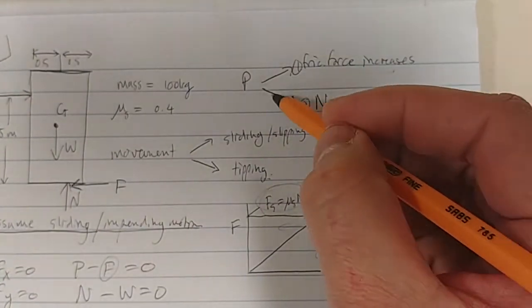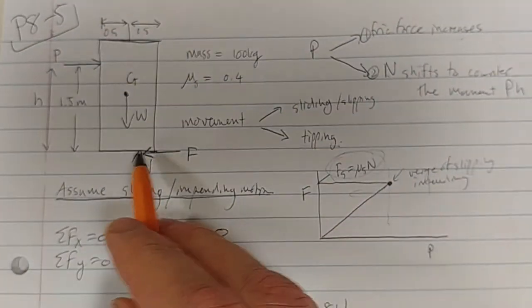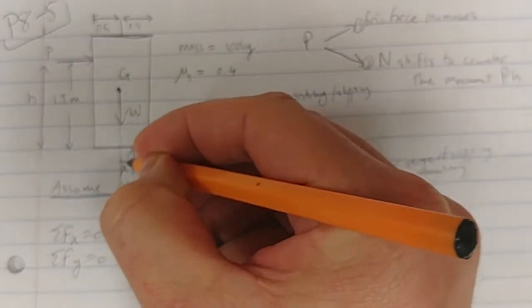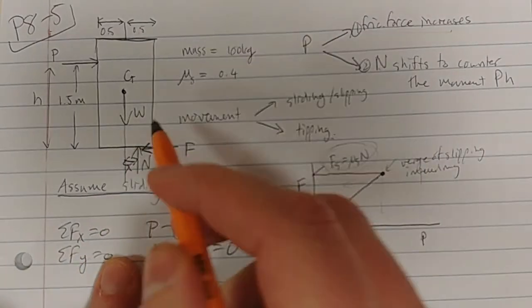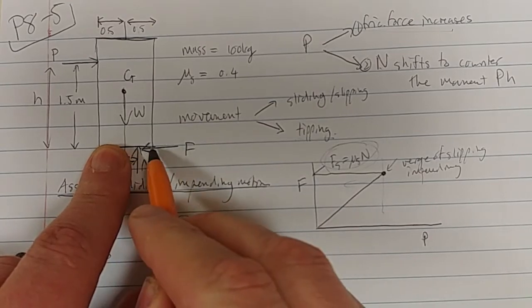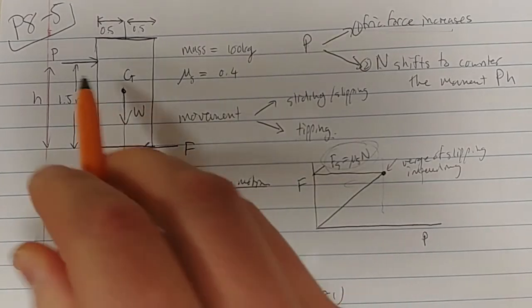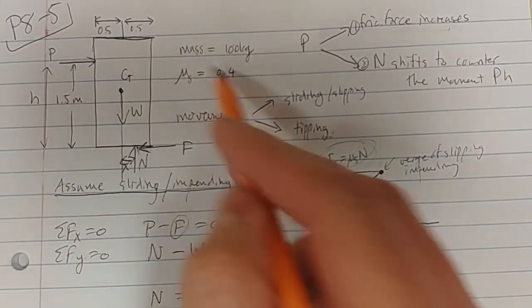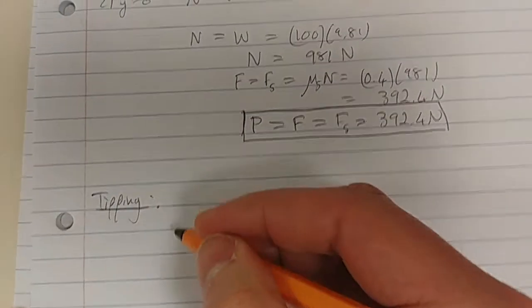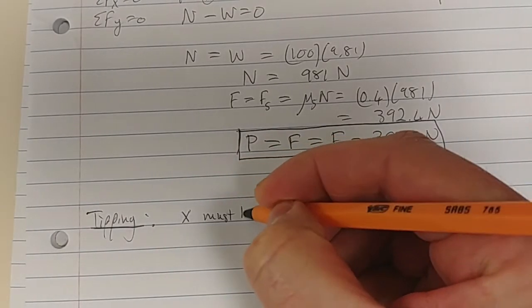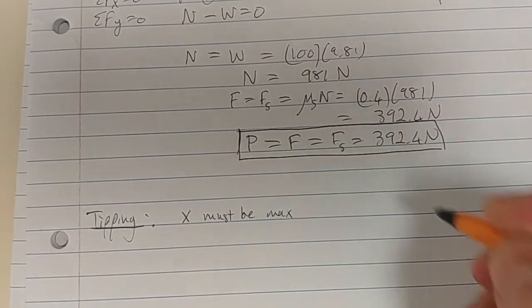The other thing that is happening simultaneously is N is shifting to the right to counteract the moment. And the maximum distance that N can go is up until that point. It can't move any further. When it hits that point, if we keep increasing P, it can't go any further, so it can't counteract that moment, so we're going to have tipping.